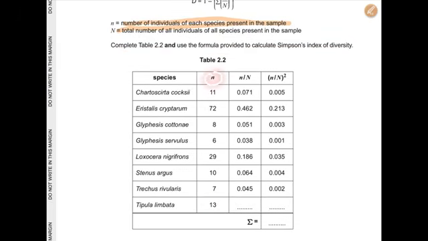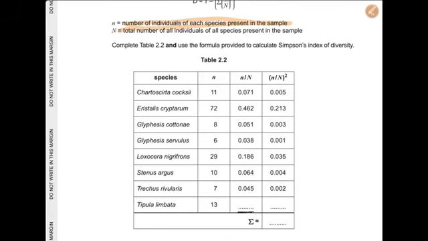So you know small letter n and you know n over N, but you do not know capital N. To find out N, let's take this. So we can say n over N equals 0.462. Now we know small letter n is 72, so 72 divided by N equals 0.462.